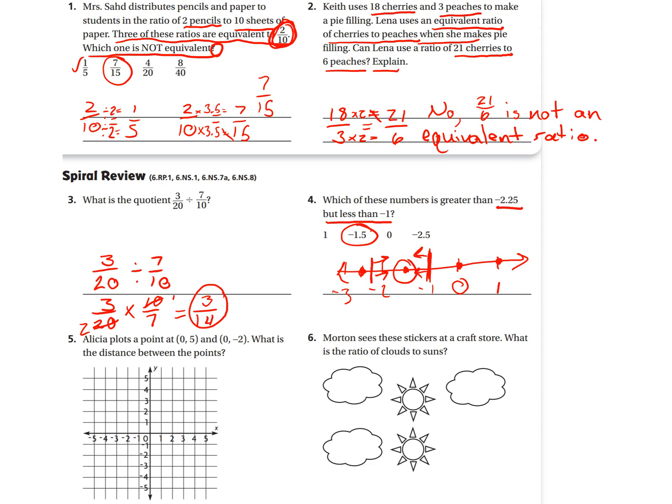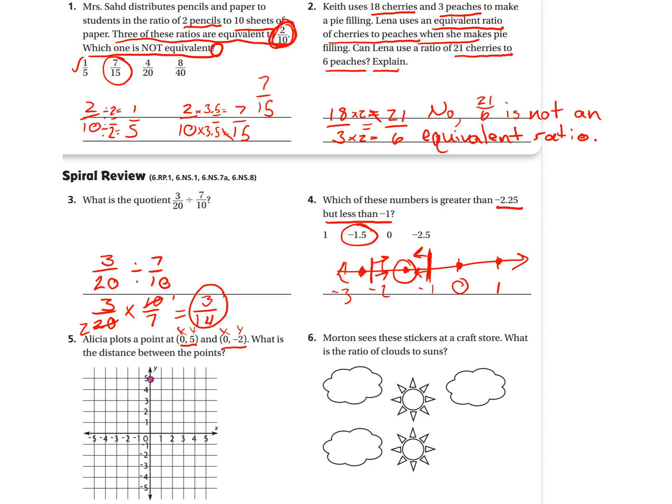Okay, number 5. Alicia plots a point at (0, 5) and (0, -2). What is the distance between the points? Here's our coordinate plane. Remember, it's x, then y, and we always do x first. So x is 0, so we don't move right or left, and then y is 5, so we move up 5.